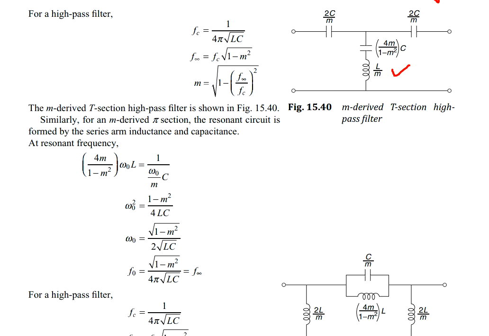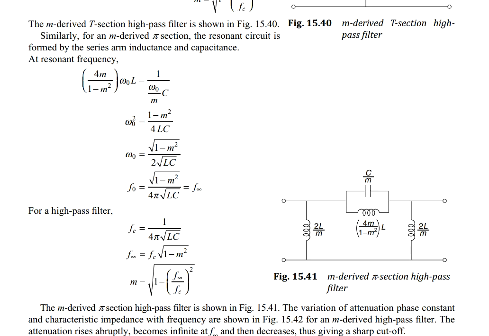Okay, then with the pi section again you equate inductive reactance and capacitive reactance, you will be getting again f naught, and if you relate that with respect to f infinity, both will be equal, and that is in terms of m and LC given like this.